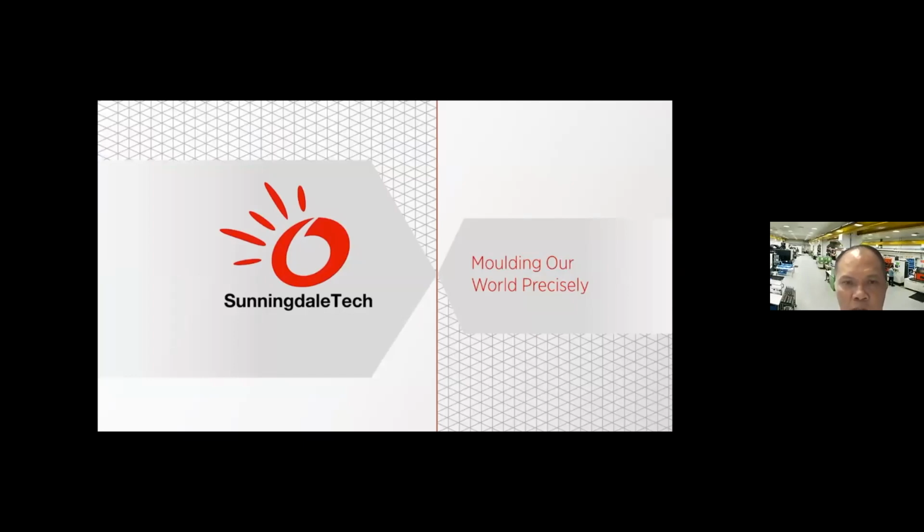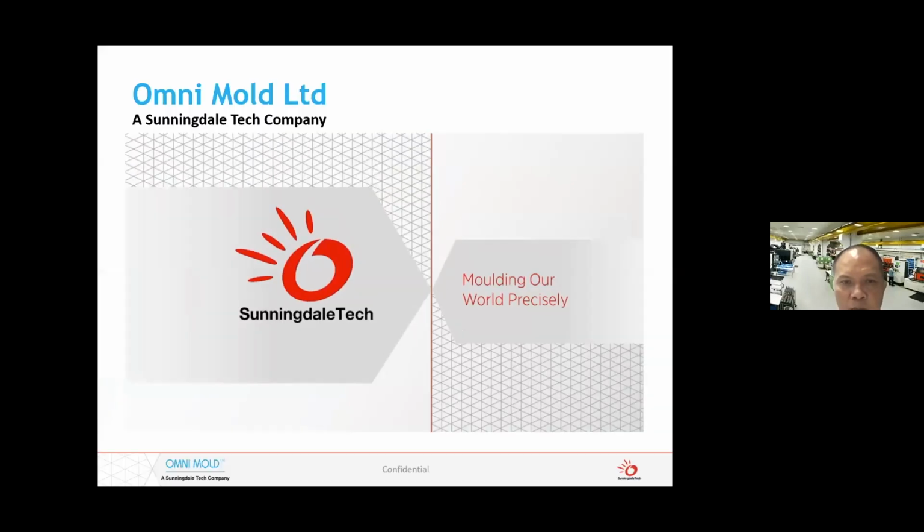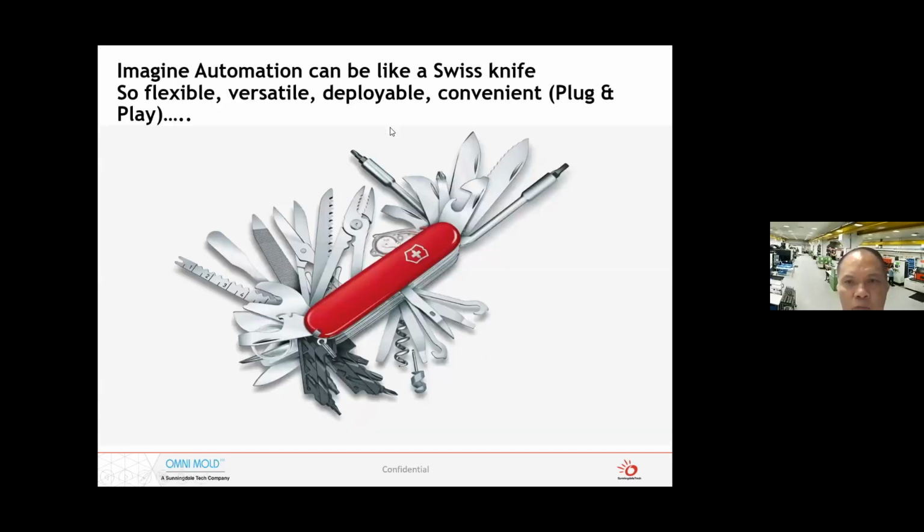Okay, so this is our corporate video, and I'll go into the part that I will explain, the challenge, on this automation. So, imagine with me now, the automation can be like a Swiss knife, so flexible, so versatile, so deployable, so convenient.